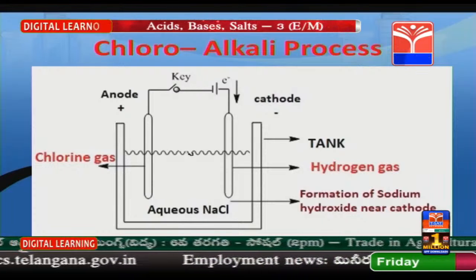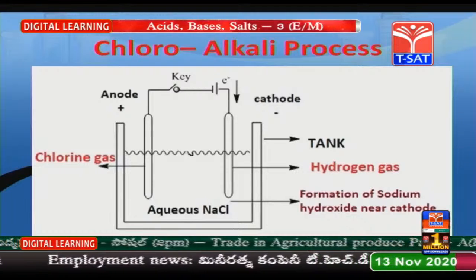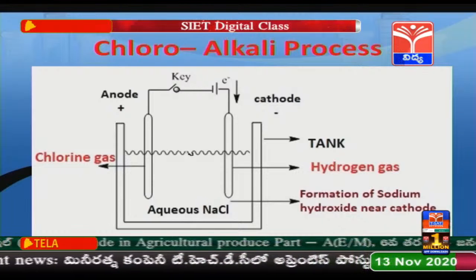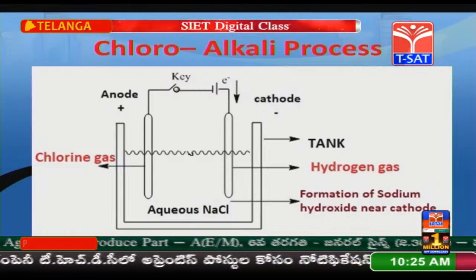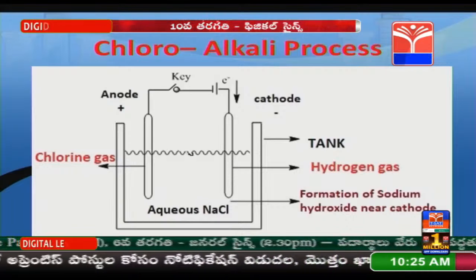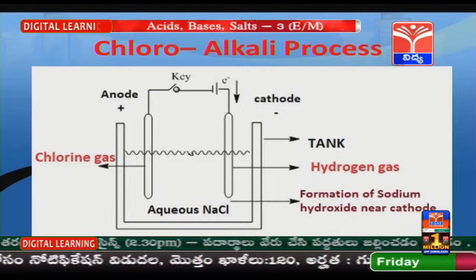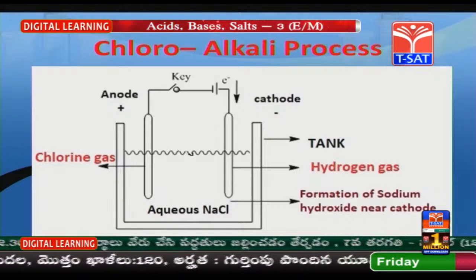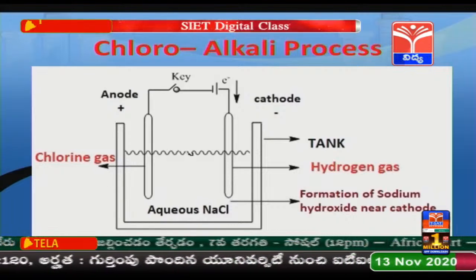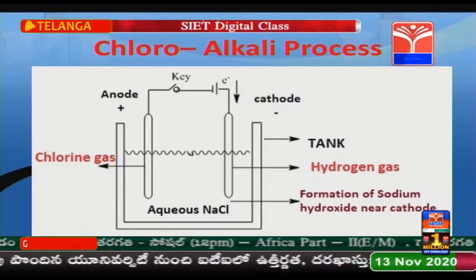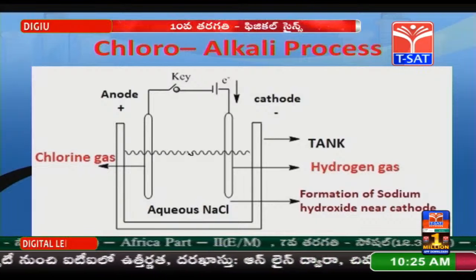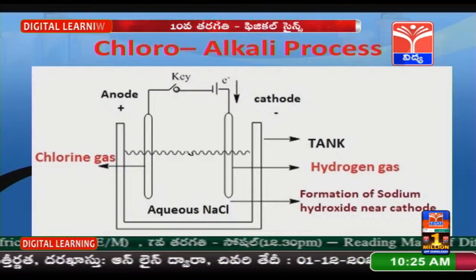Now, you see, this Na plus attaches with the OH minus ions, which leads to the formation of sodium hydroxide near the cathode. The chloride ion, being an anion, is attracted towards the anode, which is a positive terminal.